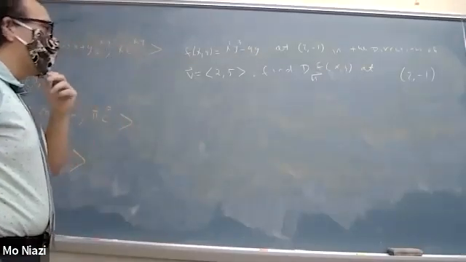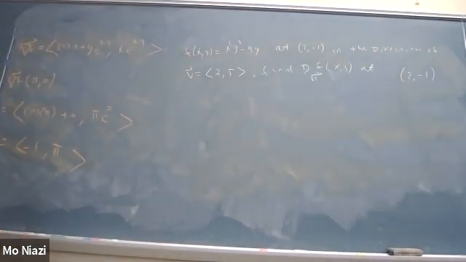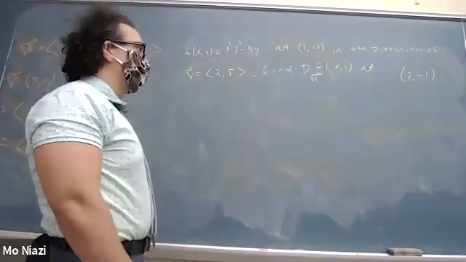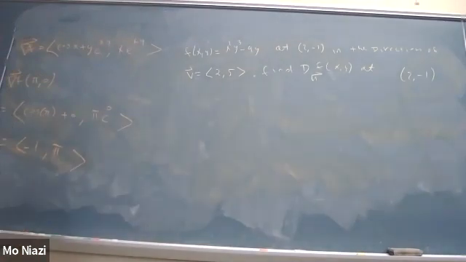Okay. So, the directional derivative of a function requires a unit vector. It can't take any vector; it requires a unit vector. But given any vector, we know how to convert it to a unit vector.